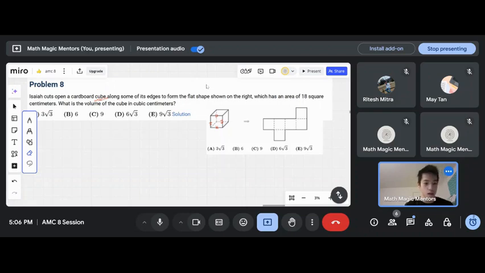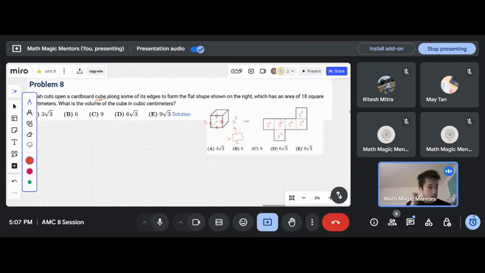If we label the side length of the squares as a variable s, then each of these 6 squares has an area of s squared, because remember that for a square of side length s, the area is s squared.